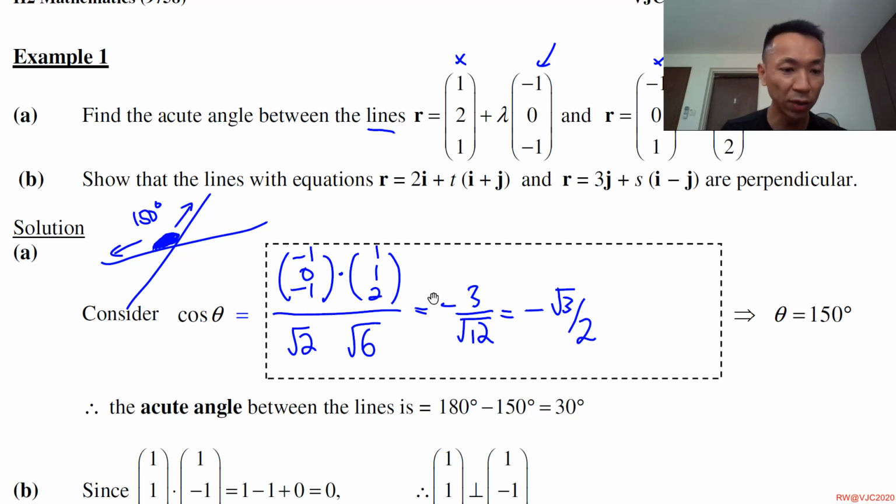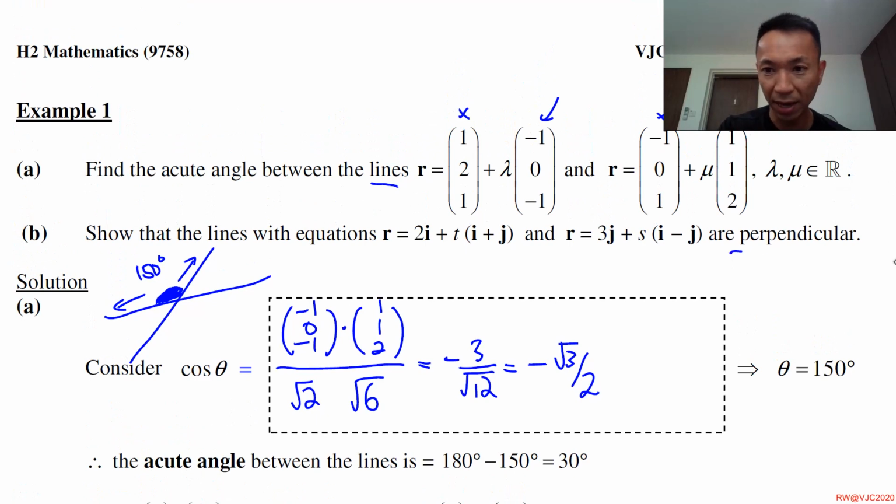Next, part B, a different question: show that the two lines are perpendicular. The moment they ask for perpendicular, you must always trigger your dot product. If two vectors are perpendicular, then the dot product of the two vectors will give you 0.